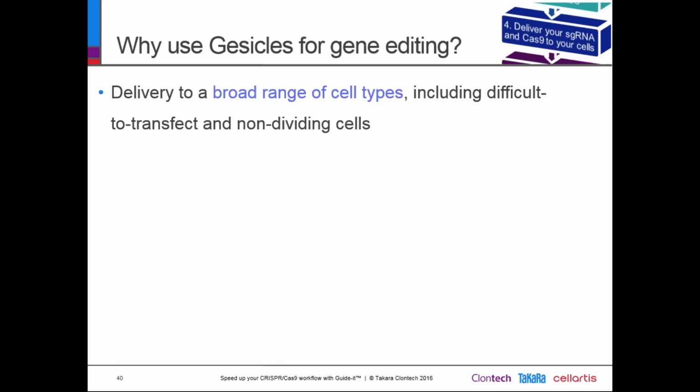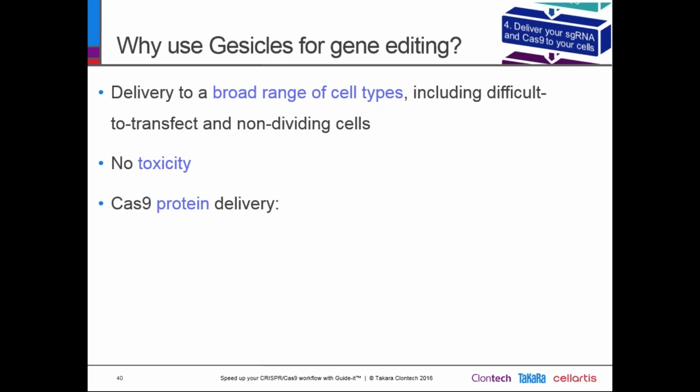So to summarize the Gesicle part, what are the major benefits of Gesicle delivery? First of all, it's really suitable for a broad range of cell types, and these cell types also include difficult-to-transfect cells and non-dividing cells, for example, primary cells, and also, as I showed you, iPS cells. We have not observed any toxicity, also not in the iPS cells.